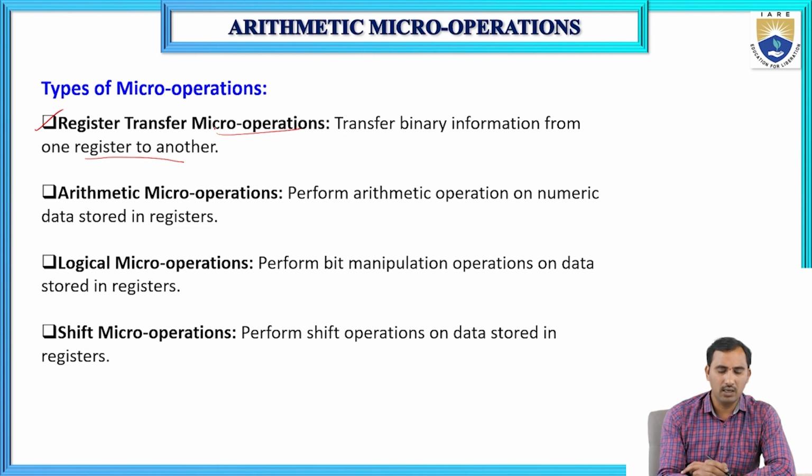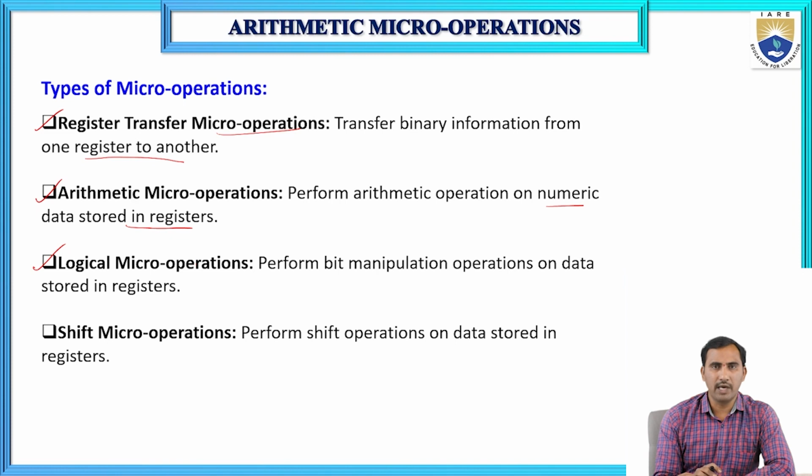The second one is the arithmetic micro operation. Using these micro operations, we perform arithmetic operations like addition, subtraction, multiplication, division on the numerical data stored in registers. The third one is logical micro operations. These are bitwise operations.